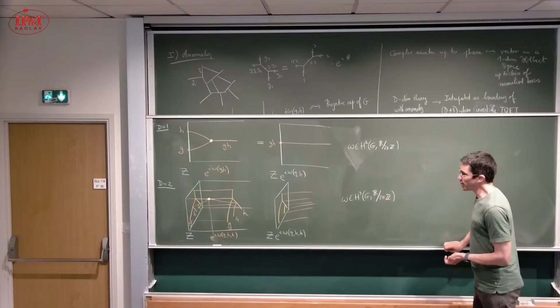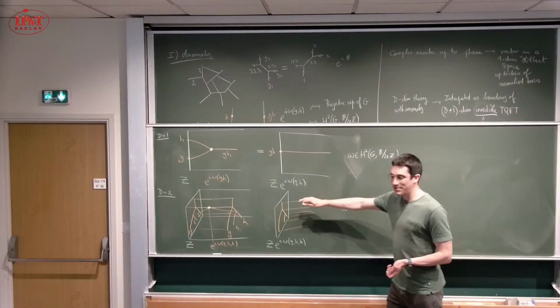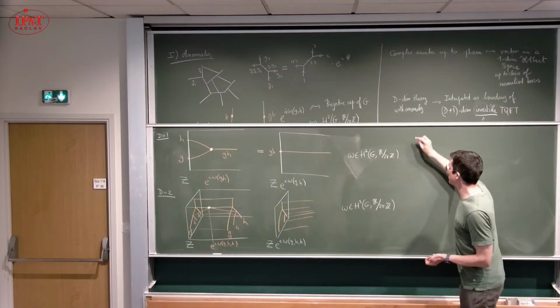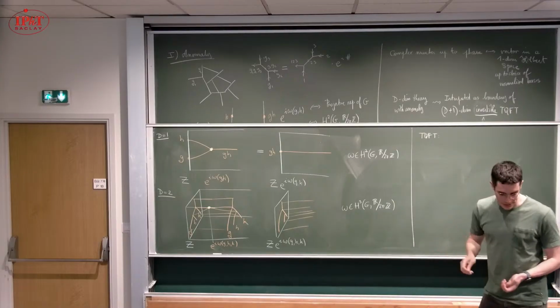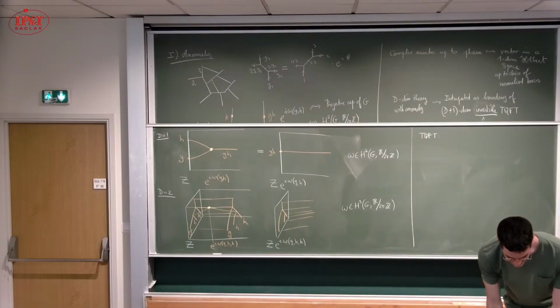Okay, so now just one comment. I will not spend too much time discussing the TQFT, but in this particular example, the TQFT can be described quite explicitly by just a state sum.